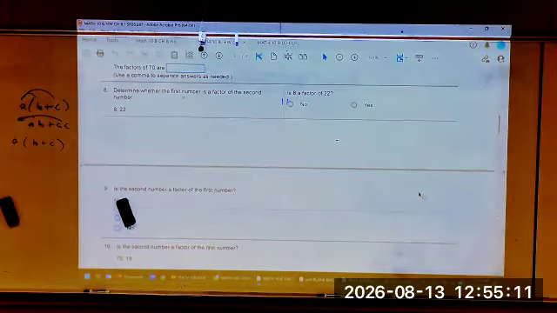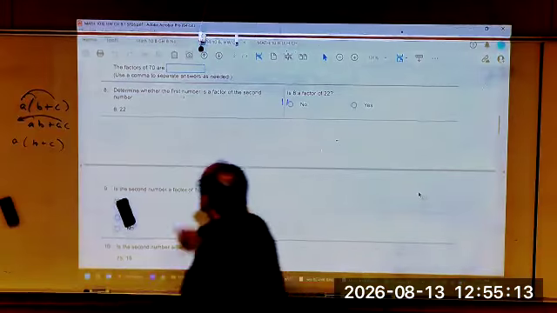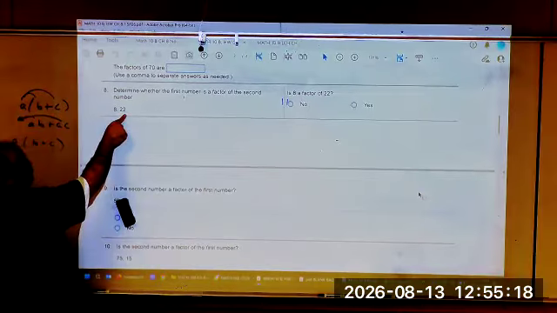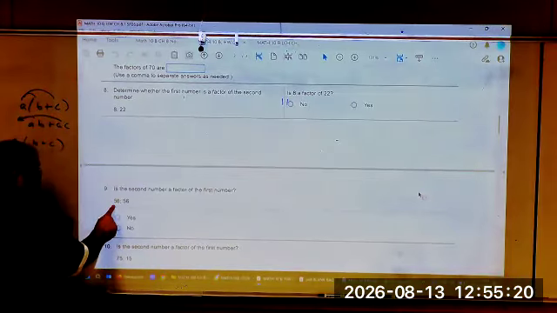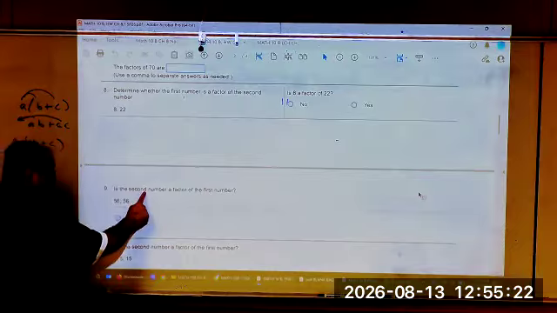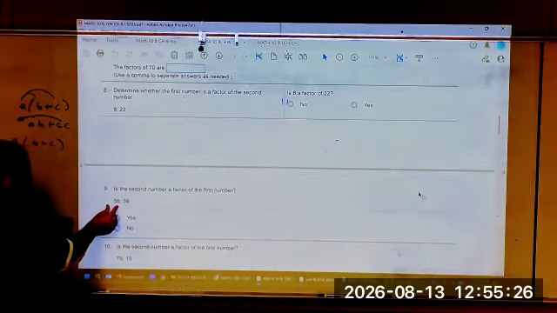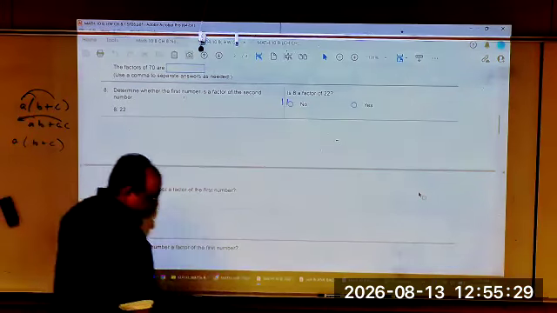Yes or no? Is the first number a factor of the second? Is 8 going into 22? No. Is the second number a factor of the first? Does 56 go into 56? That's a yes.